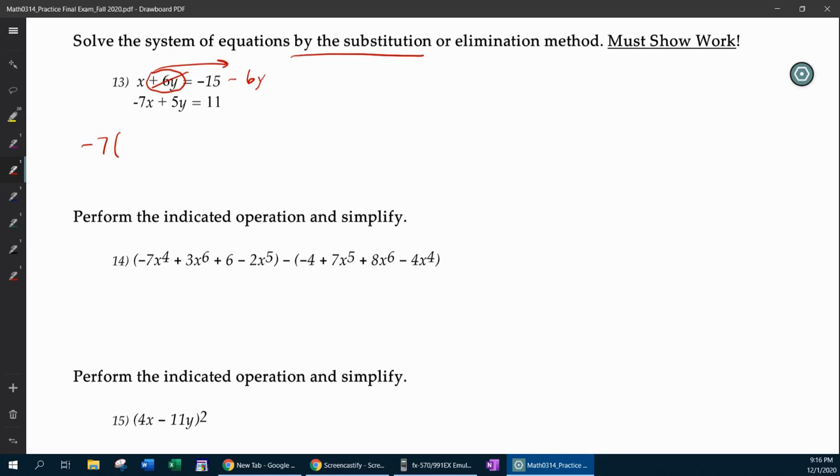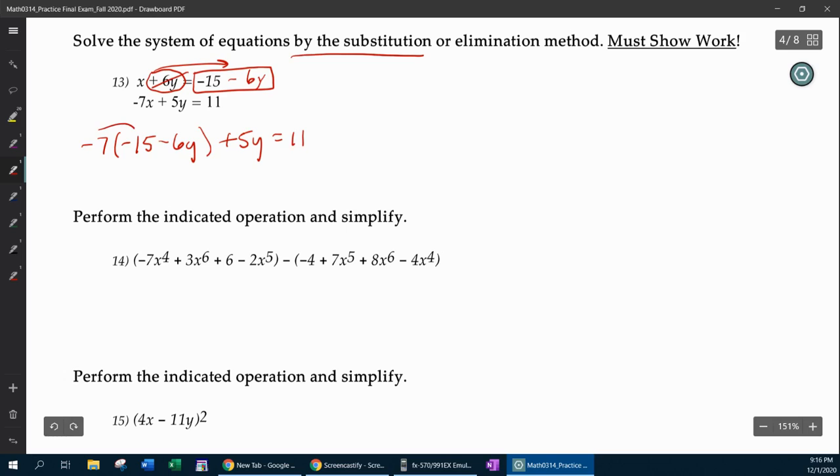Okay, so -7 times x, but x is equal to -15 minus 6y. I got that from the top equation. Plus 5y equals 11. And then we need to distribute and combine like terms.